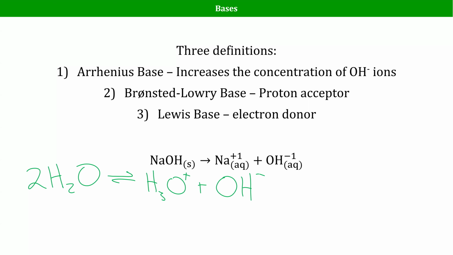So if an acid is going to increase your concentration of hydronium, a base is going to decrease your concentration of hydronium, which in terms of what we can actually measure, increases your hydroxide concentration. All review, all pretty foundational to acid bases in Gen Chem, right? We spent a whole chapter on that, and this is probably the end of the second quarter.